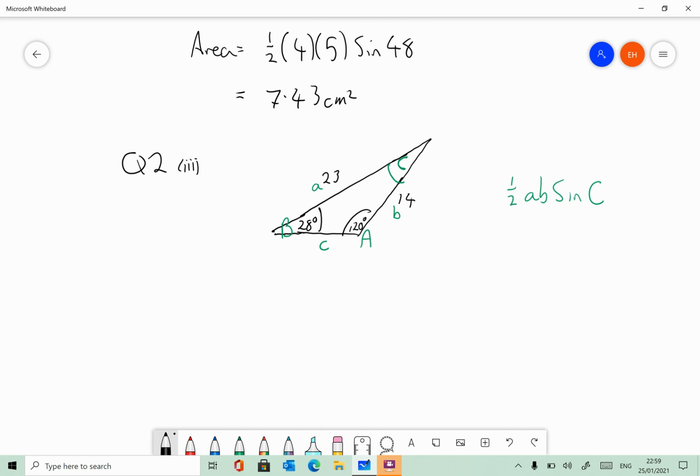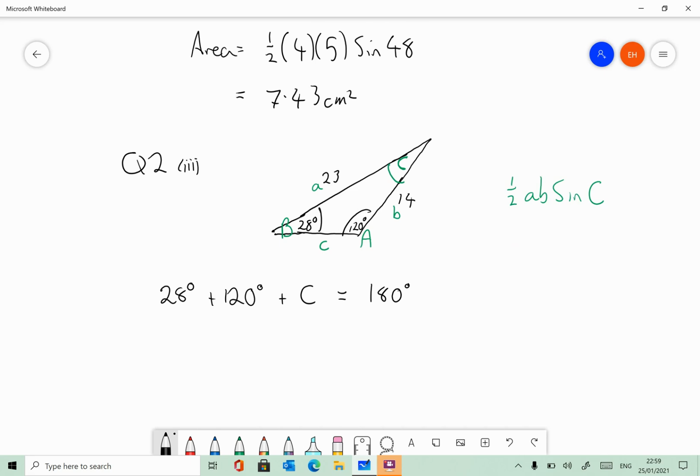Now I should know that 28 degrees plus 120 degrees plus the uppercase C must equal 180 degrees, because they form a triangle. The sum of the angles in a triangle should add up to 2 right angles, so it should add up to 180 degrees.